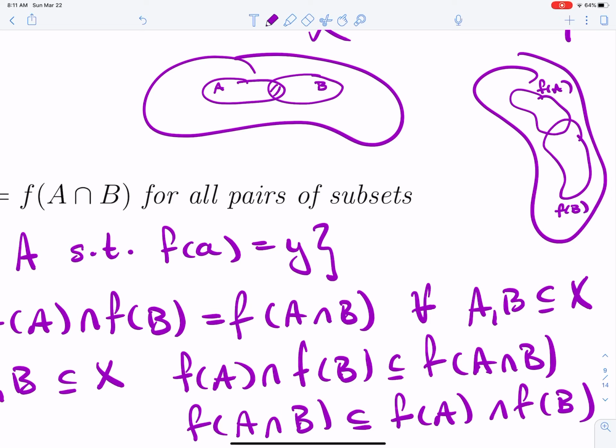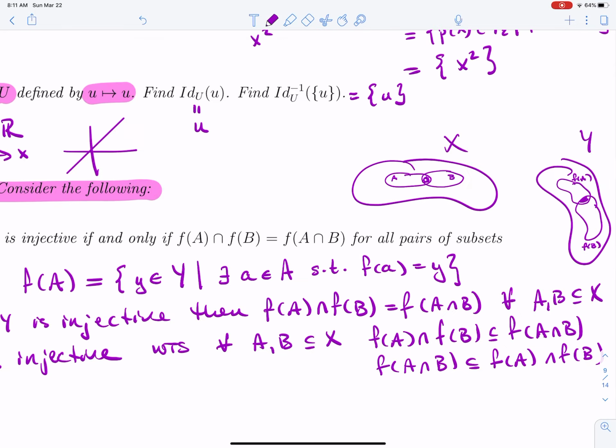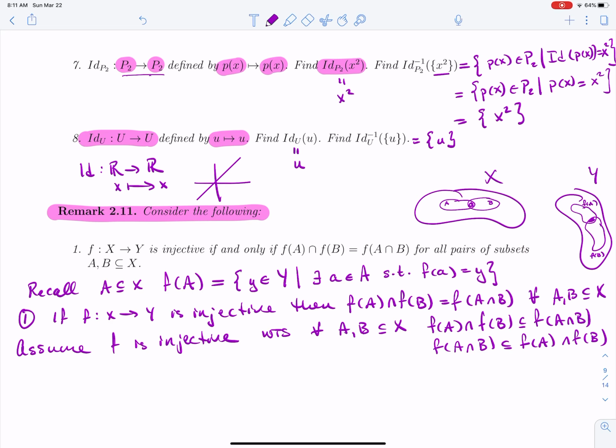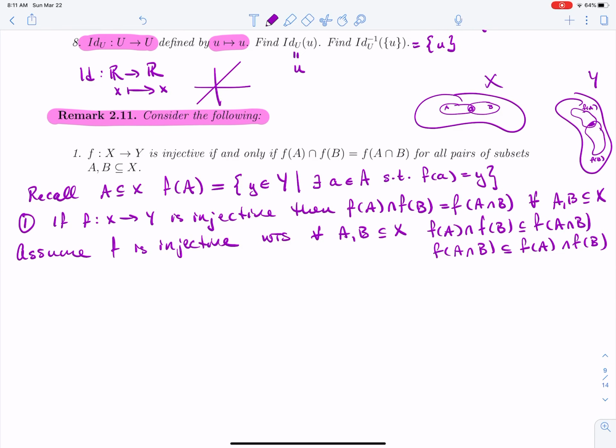What this is saying is if it's injective, then this little lozenge here is going to get mapped exactly into this little lozenge there. It doesn't always happen that way, right? Okay, so let's start trying to prove it.